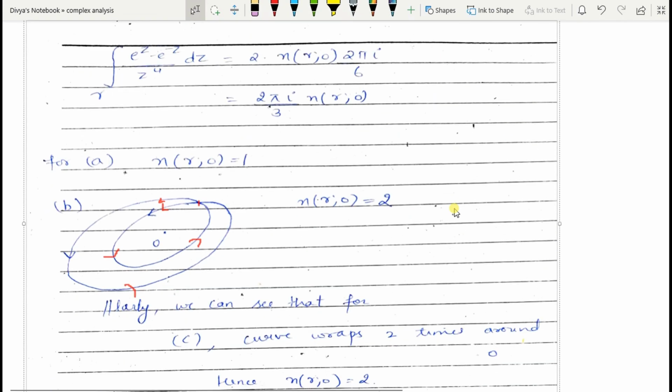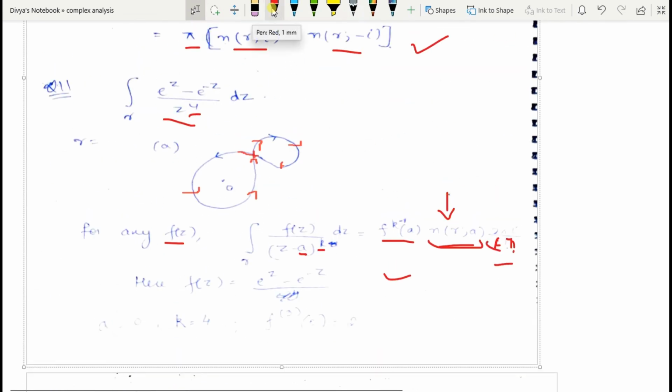To find the index of gamma with respect to a, we have to use the geometric definition of index.